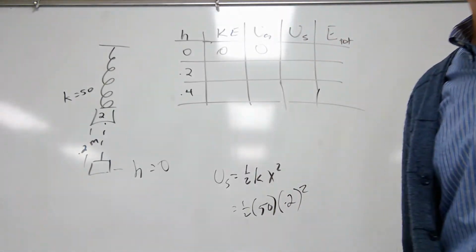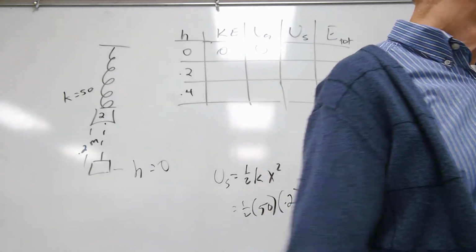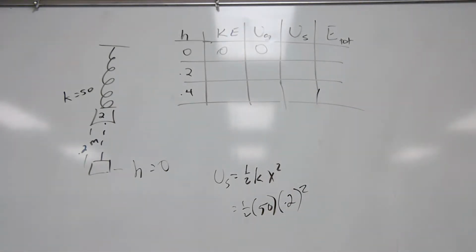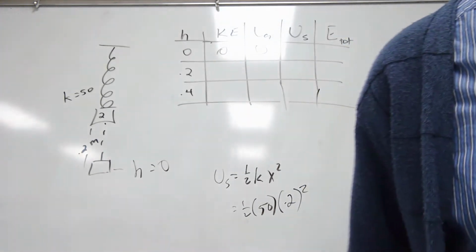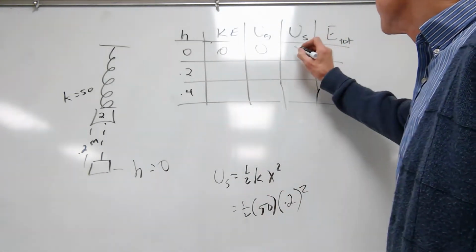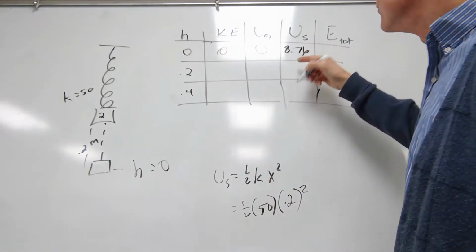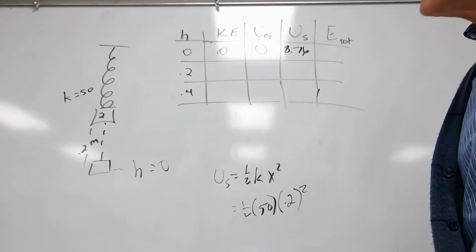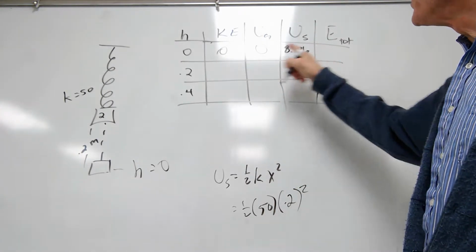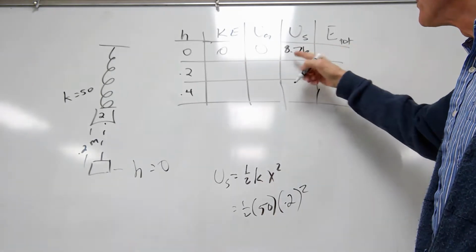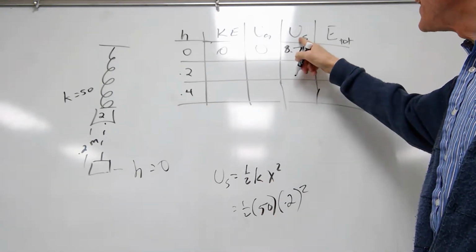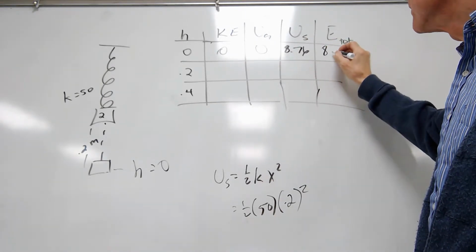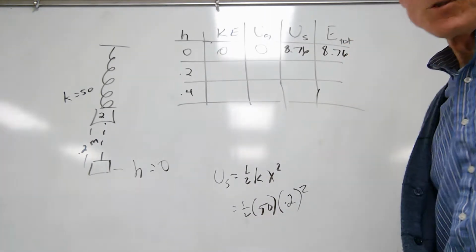If you calculate that, you will get 8.76. So that's this number, 8.76 joules. Now, the total energy, simply add up all of the energy. That's the only kind of energy it had at that position. So the total is 8.76 joules.